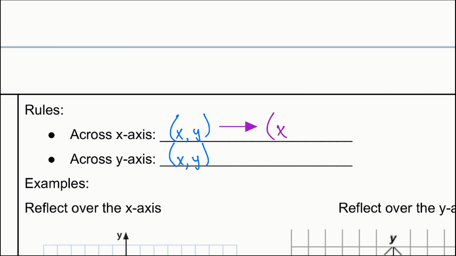Or, we're going to keep our x, but we'll use the opposite of y if we're going across the x-axis. So if you're going across the x-axis, the x stays the same. If you're going across the y-axis, the y will stay the same.